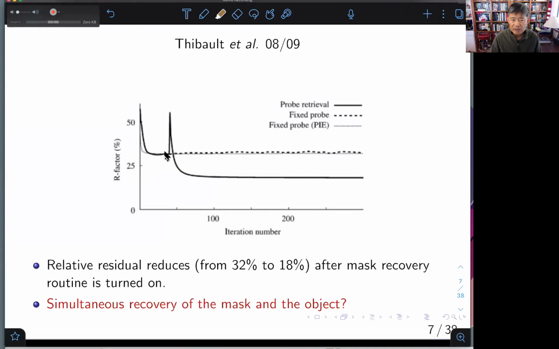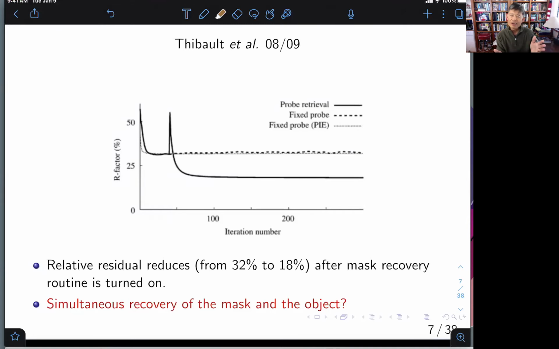But then they found something even more shocking: once they have a very simple step to update their probe estimate from their initial estimate. As you do the reconstruction, it's an iterative scheme, you also add a step that updates your probe estimate based on your current reconstruction.